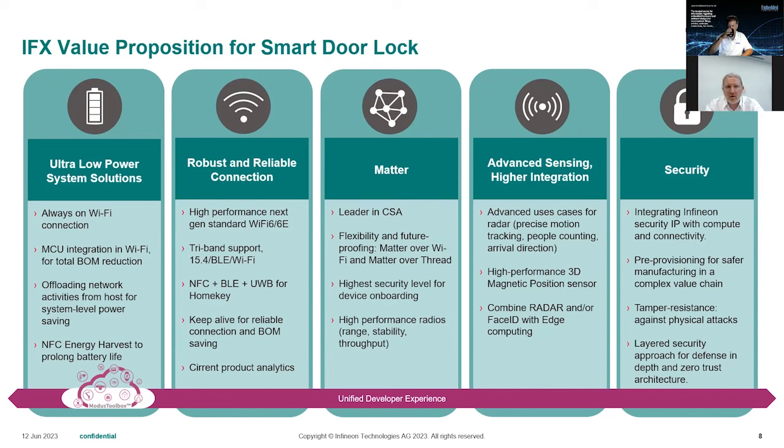But then also, we talked about the Wi-Fi 5 solution in the previous design win, but we're just launching our new Wi-Fi 6 and Wi-Fi 6E products, and some of these will be connected MCUs.